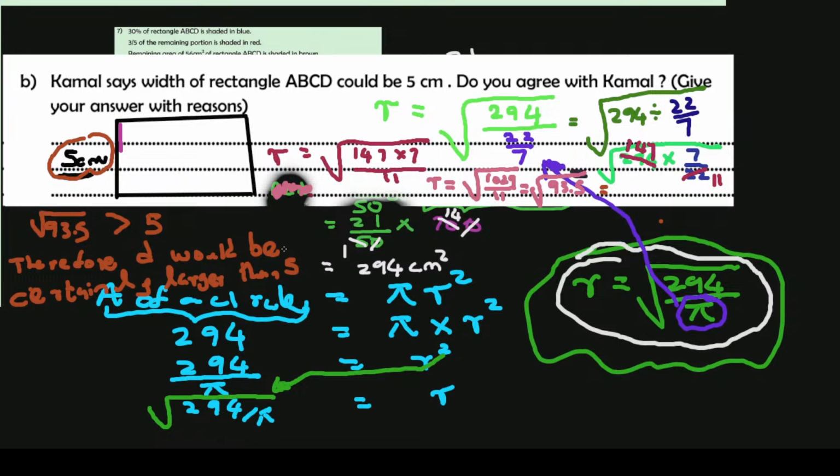Then we say, therefore, the circle will not fit into a rectangle which has a width of 5 centimeters. Therefore, I don't agree with Kamal's statement.